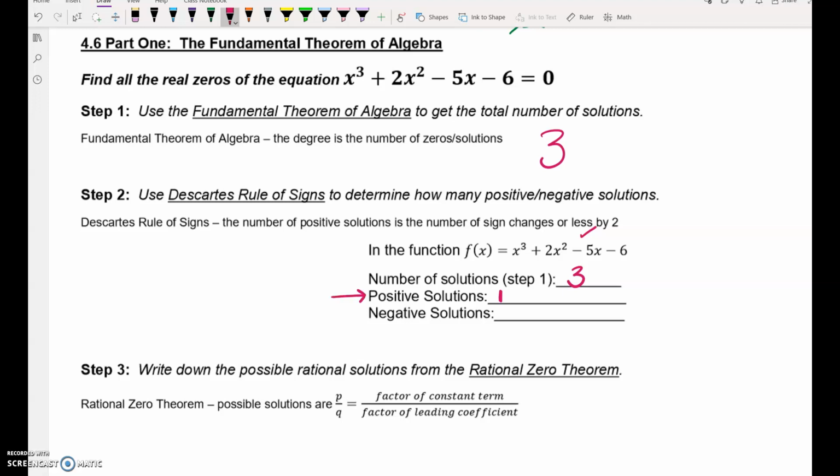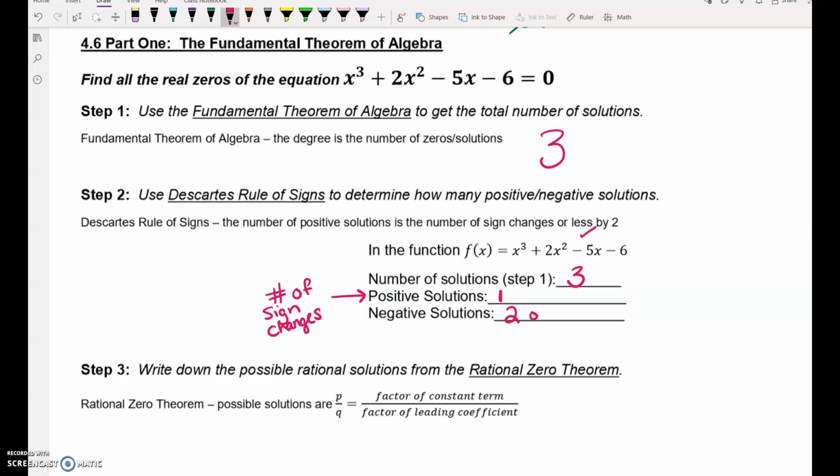So this is the number of changes. If there's 3 possible solutions and 1 of them is positive, how many of them are then going to be negative? 2 of them. Here's the weird thing about Descartes' rule of signs.